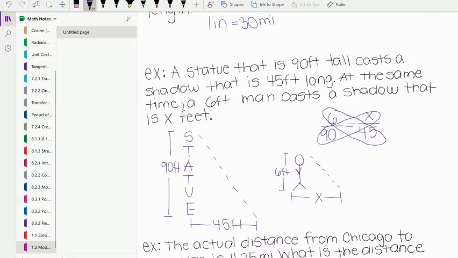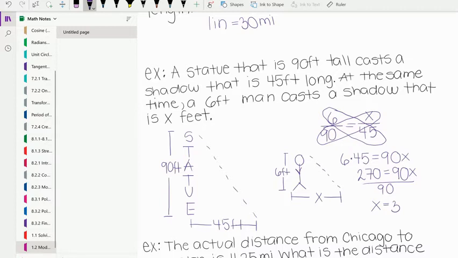So you would do 6 times 45, and this is equal to 90 times x. So 6 times 45 is 270 equals 90x, and you divide by 90, so x equals 3. Okay.